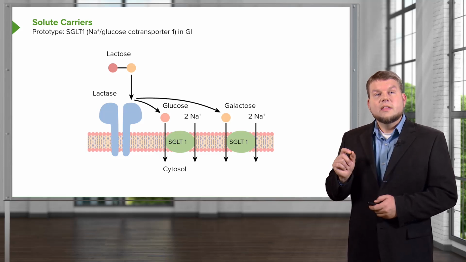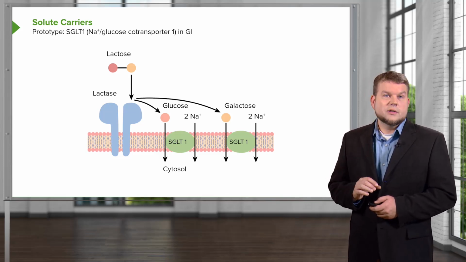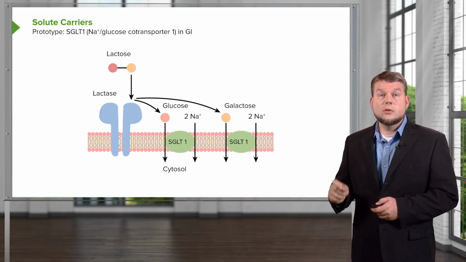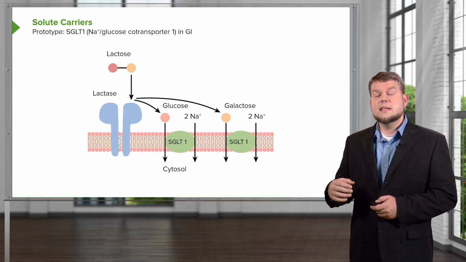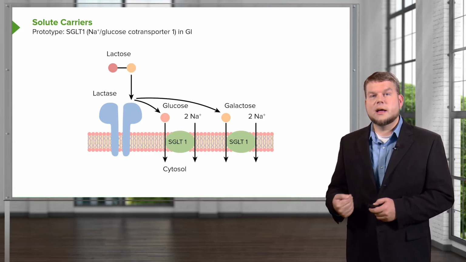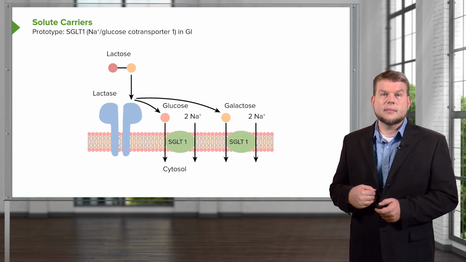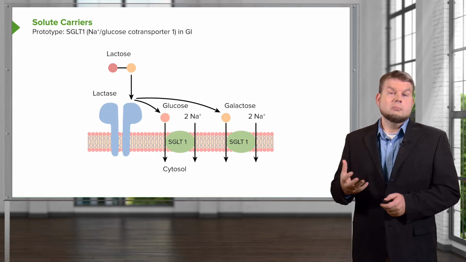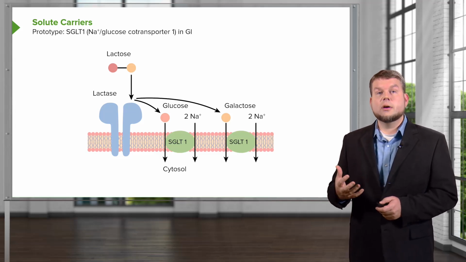Now, the prototype that we want to focus on today is the SGLT1, which is the sodium glucose cotransporter 1. And this is one of the primary ways in which you're going to bring glucose into the body in the GI system. So this is usually how it occurs if you take in, let's say, milk or some sort of a dairy product.